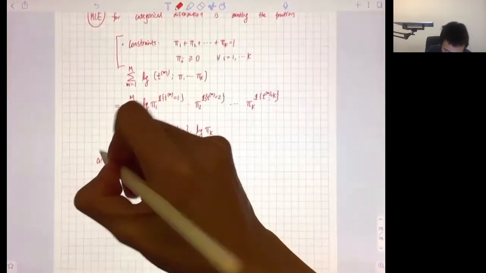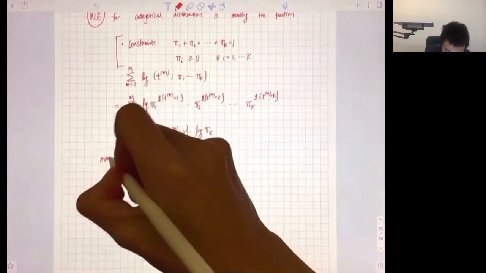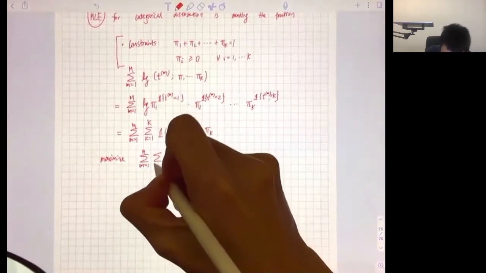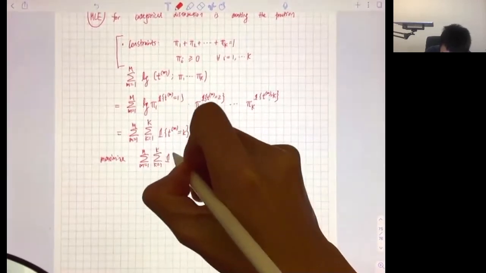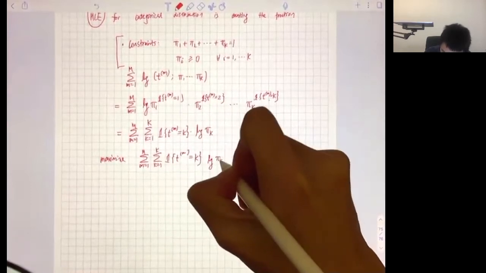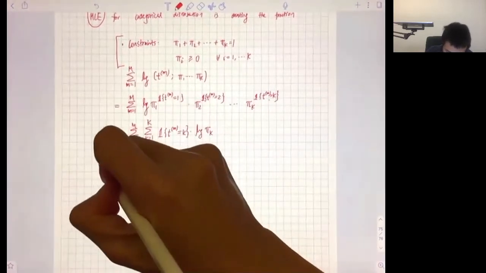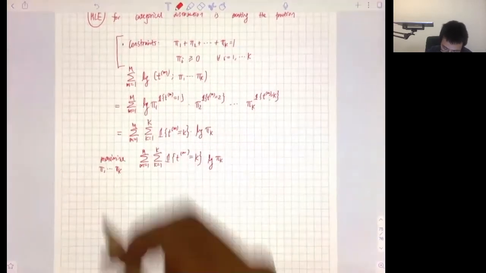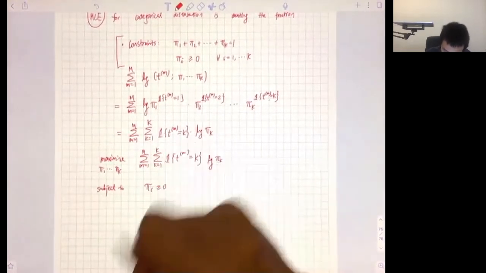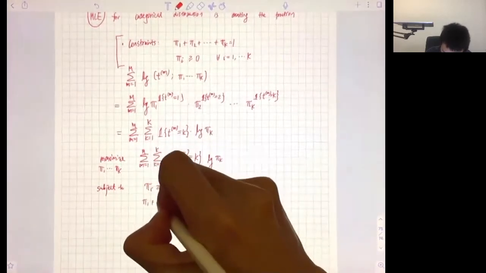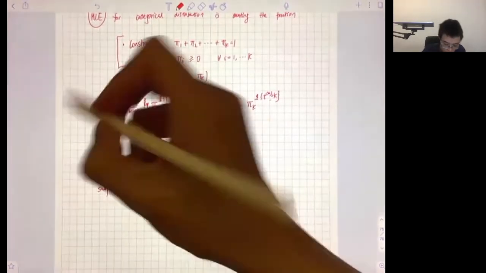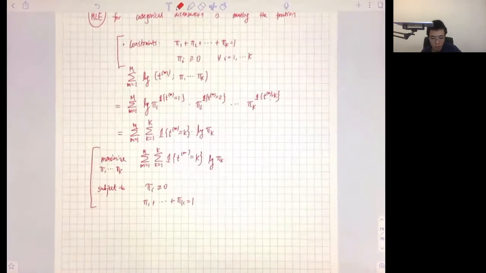So the goal is to maximize this in terms of my pi's, pi1 up to pi capital K, subject to pi i greater than or equal to 0, and pi1 plus ... plus pi k is 1, okay? So this gives me the constrained optimization problem.